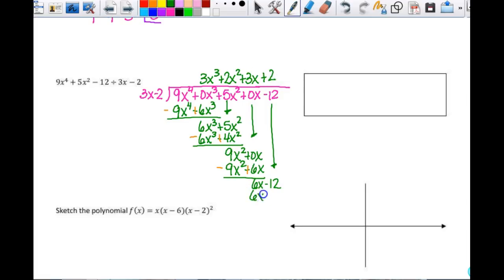This gives me 6x minus 4. Change my signs. That leaves me with a negative 8. Nothing else to bring down. That's my remainder. Therefore, my answer is 3x cubed plus 2x squared plus 3x plus 2 plus negative 8 over 3x minus 2.